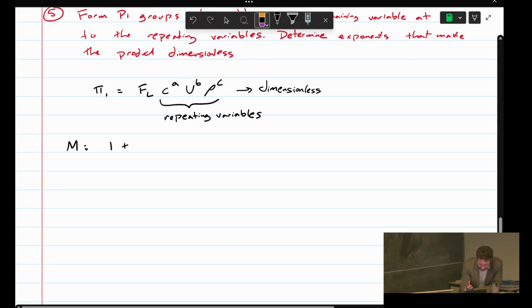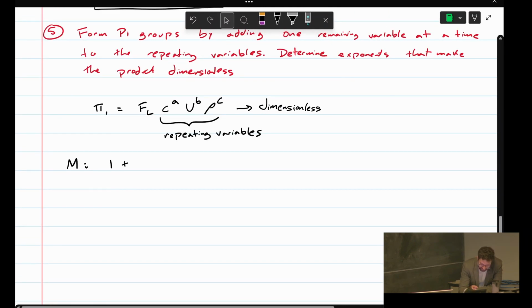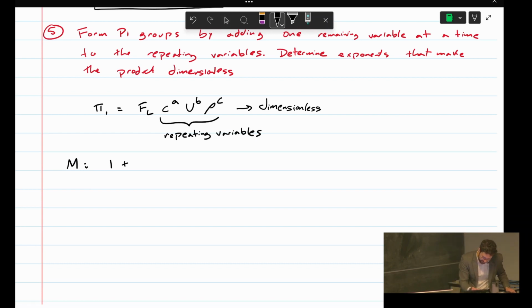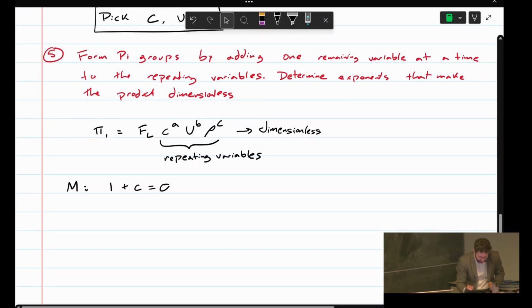This is C. It's just the length scale that we're using in our problem. There are no kilograms in our length scale. It just has units of meters, right? Same with velocity. There's no kilograms. It's just meters per second. There is a mass in our density, so density is kilograms per meter cubed. So that's just C equals 0. This equals 0 because it's dimensionless.